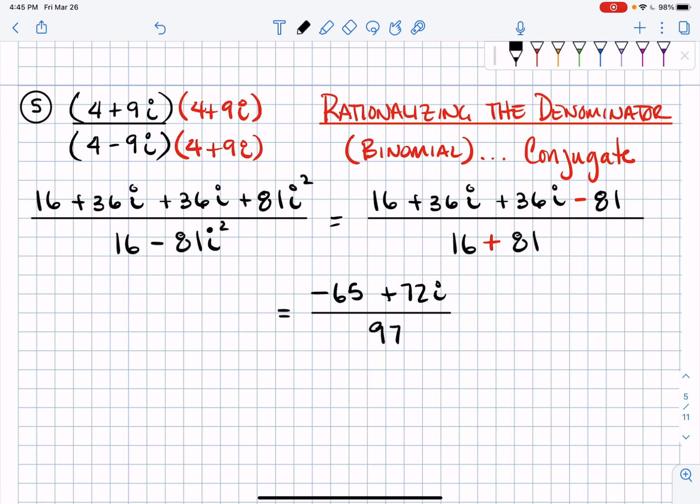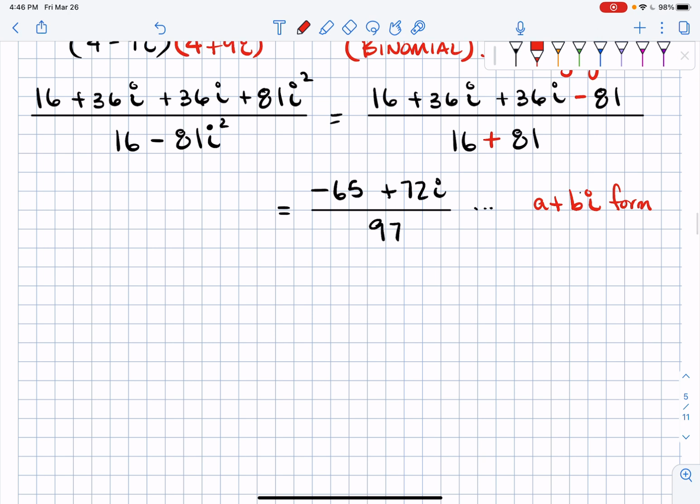But it wants it in a plus bi form, right? So that means what I have to do is actually split up this fraction. So when I split up this fraction, it's going to be -65 over 97 plus 72 over 97i.